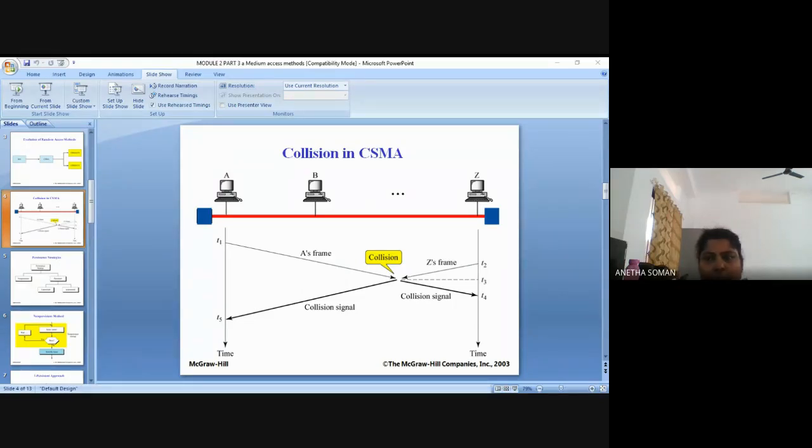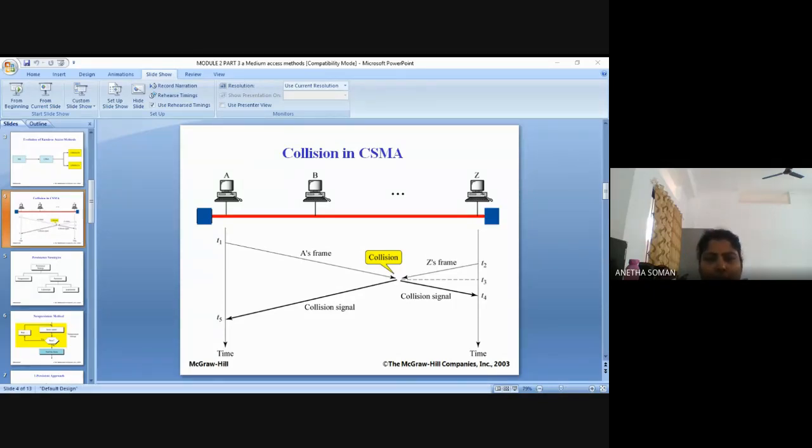Initially your method was multiple access. You had some drawbacks, so CSMA was developed. CSMA is carrier sense multiple access: you sense the carrier and then transmit. Sensing the carrier won't completely eliminate collision, but you can minimize it.